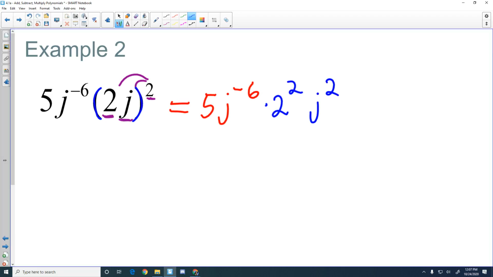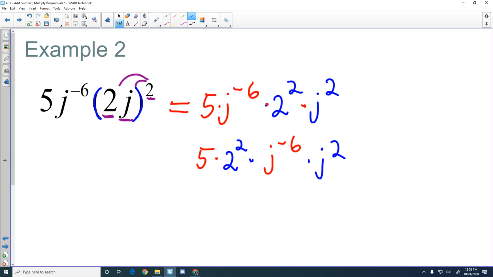Okay. Well, we want to combine like terms. And the 5 and that j to the negative 6, they're just being multiplied. In fact, everything is being multiplied. And multiplication with variables or integers is commutative, unlike matrices. So we can switch the order all around, meaning I could make this 5 times the 2 squared times j to the negative 6 times j squared.